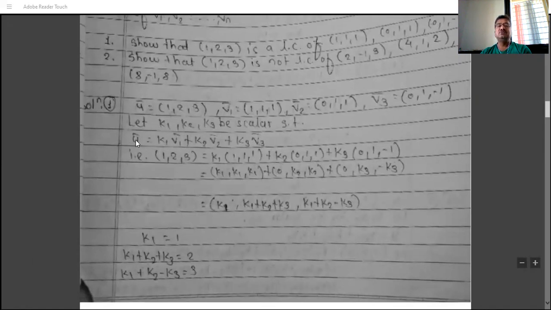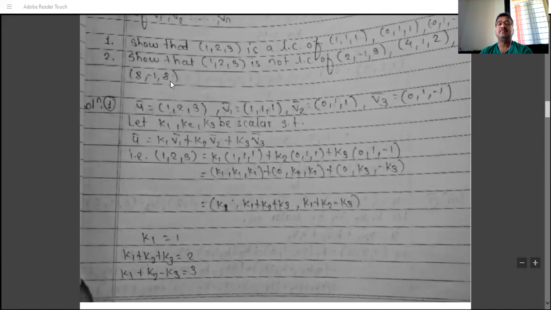If k1, k2, k3 do not exist, then for any values of k1, k2, k3, u is not expressed in this form, and we say that it is not a linear combination.